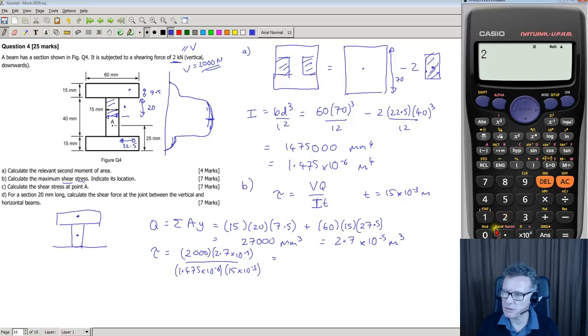So 2000 times 2.7 times 10 to the minus 5 divided by 1.475 times 10 to the minus 6 times 15 times 10 to the minus 3.